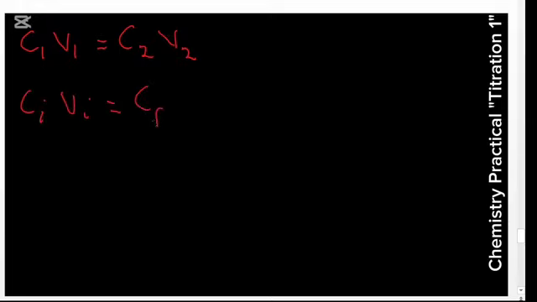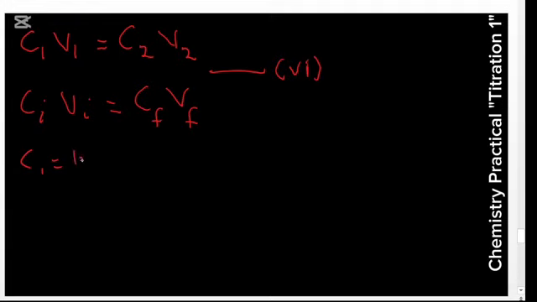Another formula that is quite prevalent is C1V1 equals C2V2. Sometimes they write it as C initial V initial equals C final V final. This is equation 6, if I'm not mistaken. So Ci here represents initial concentration of solution.